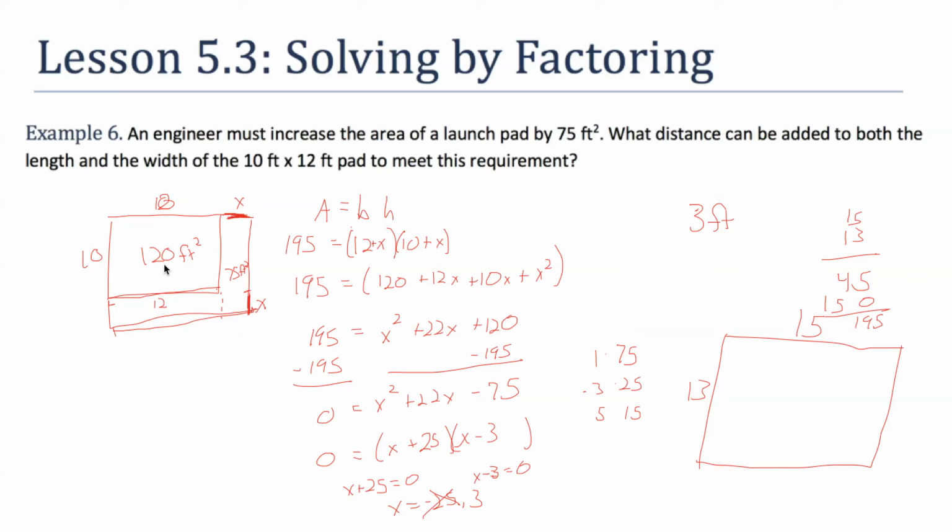And that is in fact what the area should have been. So it works. So our answer is you should add 3 feet to both the length and the width to increase the area by 75 feet squared.